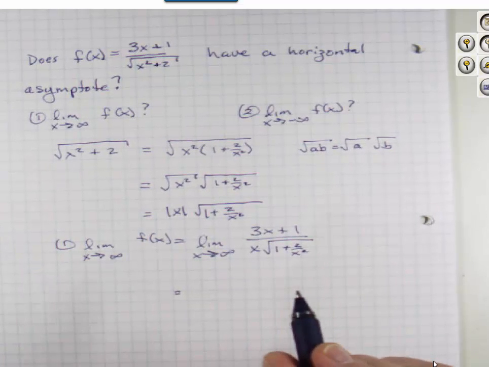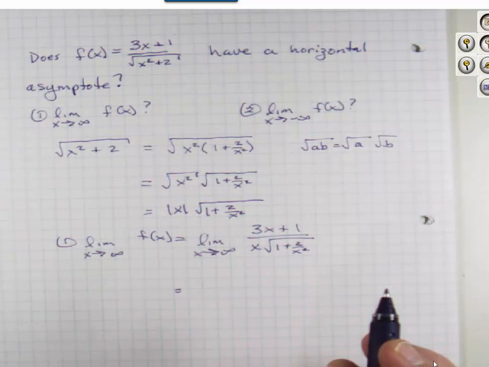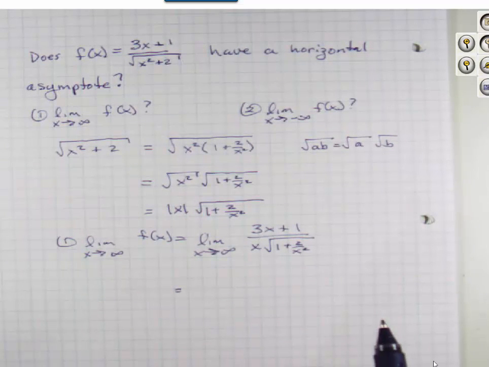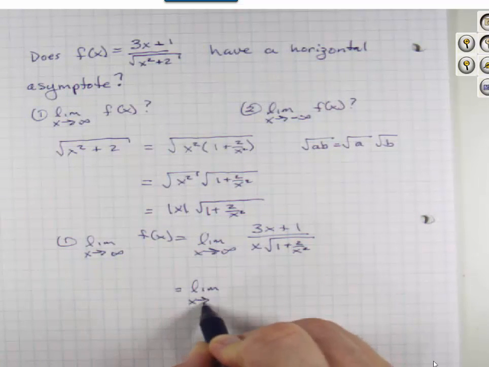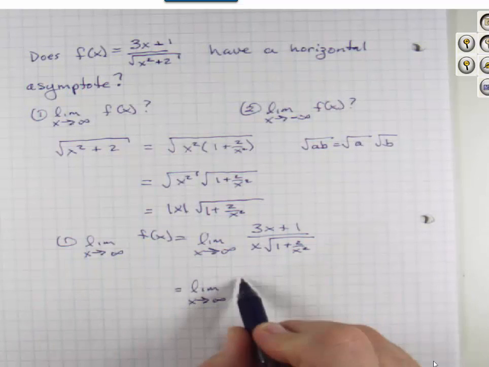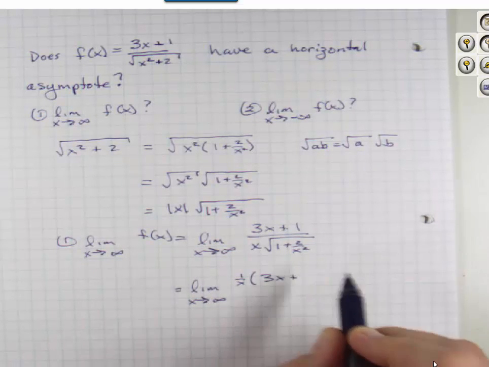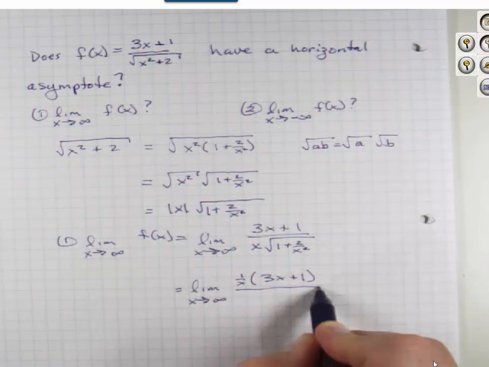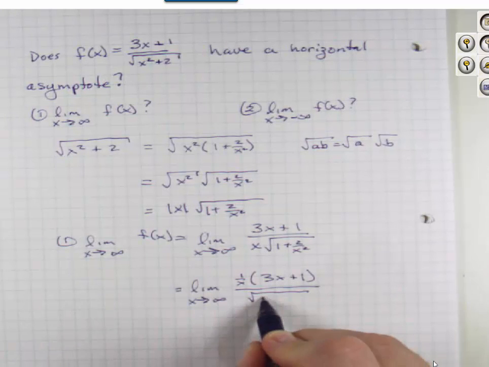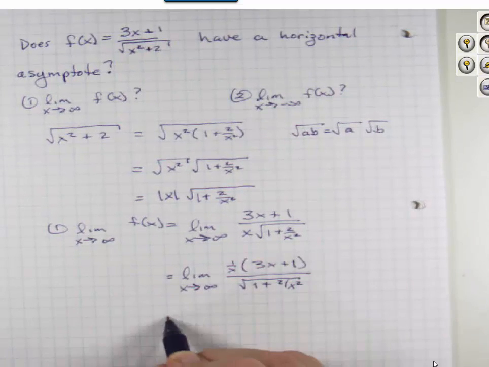I'm going to multiply the numerator and the denominator by 1 over x. Well, you can see how this is going to go. The limit as x grows without bound, 1 over x times 3x plus 1. I'm going to pull that up like that. Okay, now I'm going to distribute it.